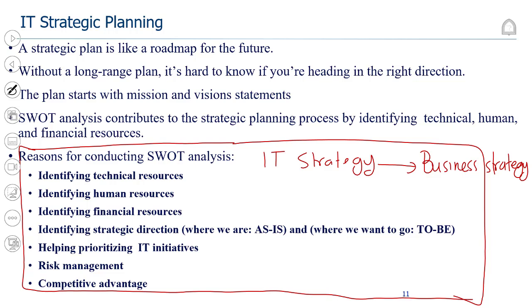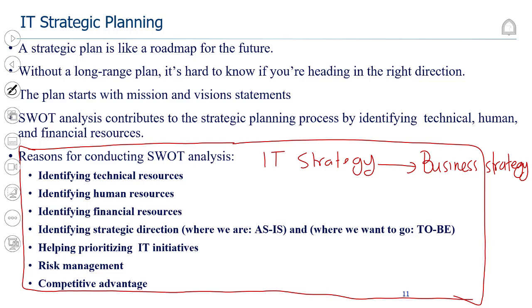The business guys will tell us what they want to do. They'll set their goals and objectives, then they'll come to us and ask, how can IT help us meet this business goal? How can IT aid us? At that moment, that is when we can talk about IT strategy, okay? IT strategy is how we are going to employ IT to help the business achieve its goals.